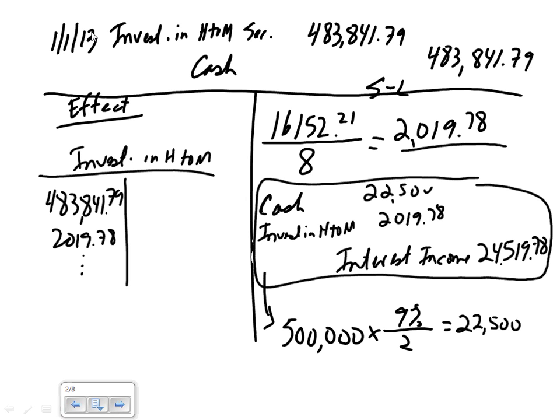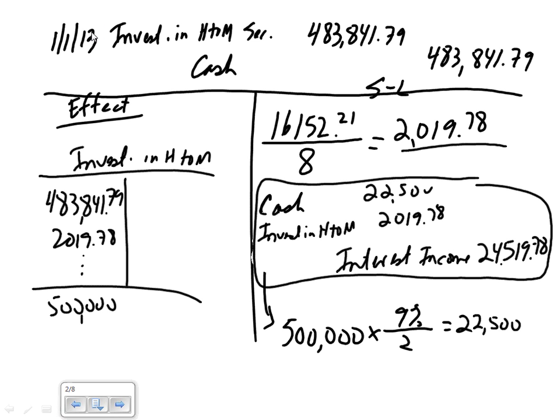We'll do that 8 times, and this will have a balance at the very end at maturity of $500,000. So the straight line method is easier. The problem, remember, is that the effective cost of debt is not going to be constant through the life of this bond.